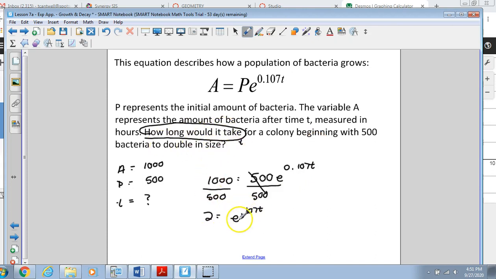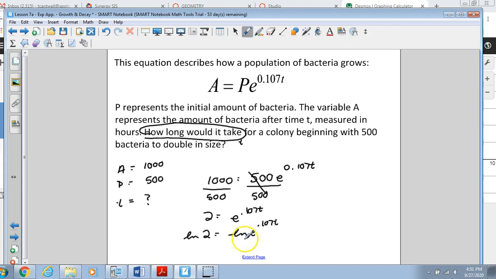So then we want to get this t by itself, but it's in the exponent. So we need to get rid of this base of e. How do we get rid of the base of e? Take the natural log of both sides. If we take the natural log of 2 and the natural log of e to the 0.107t, well, the natural log and e cancel each other out because remember that the base of our natural log is e.